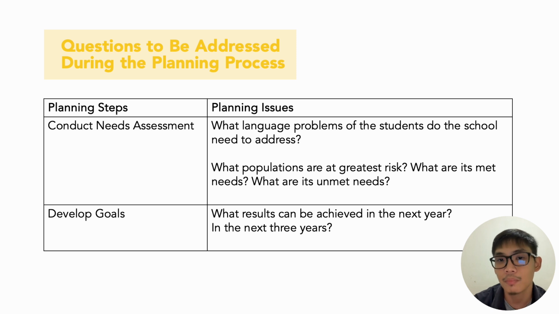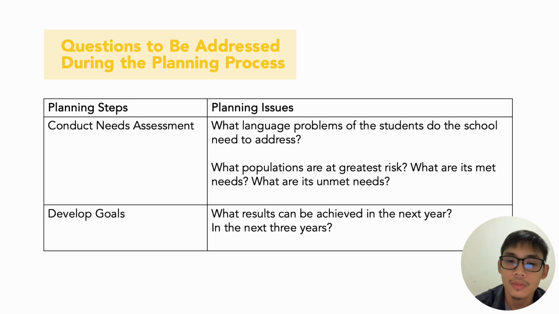We ask, for example, what language problems of the students do the school or the English department need to address? Is it lack of language proficiency in general, or specifically lack of reading literacy? Right? What populations are at greatest risk?